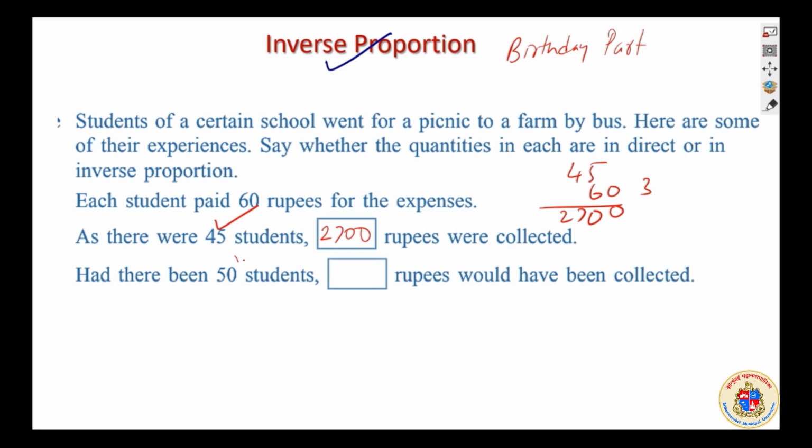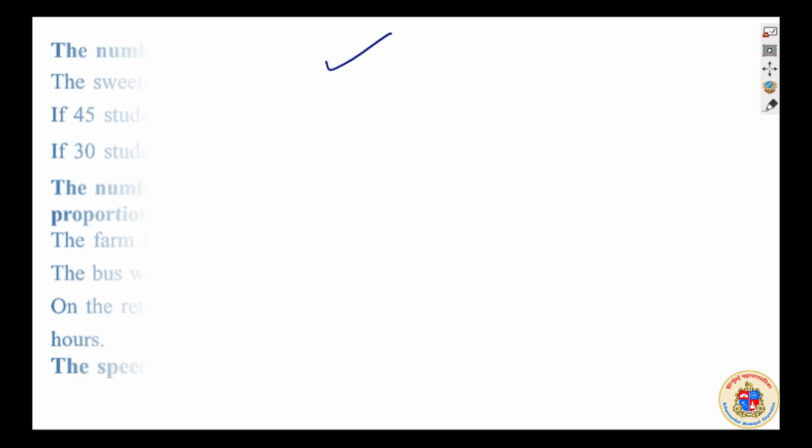Had there been 50 students, how much would it be? If 50 students had come, how much would be collected? 3,000 would be collected. More the students, more the collection. So you will say that this is a classic example of direct proportion. Correct?